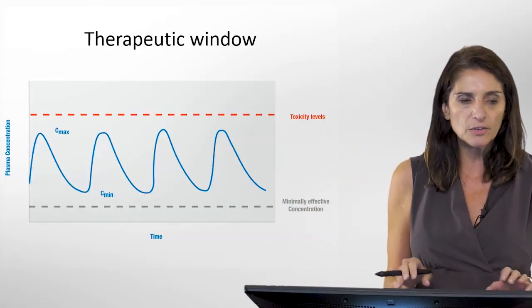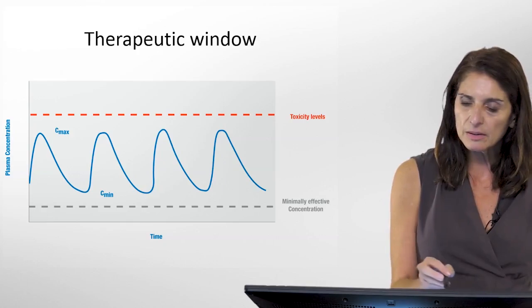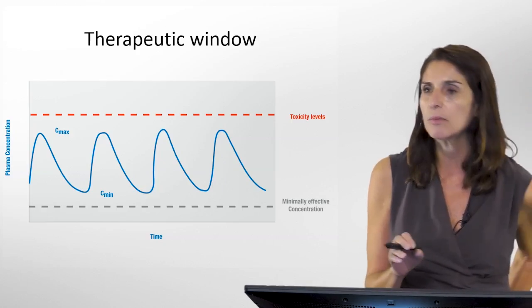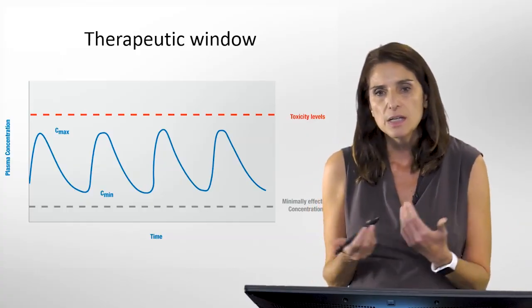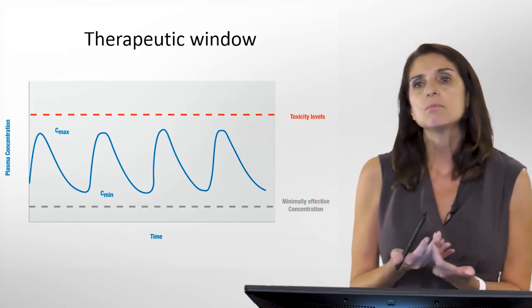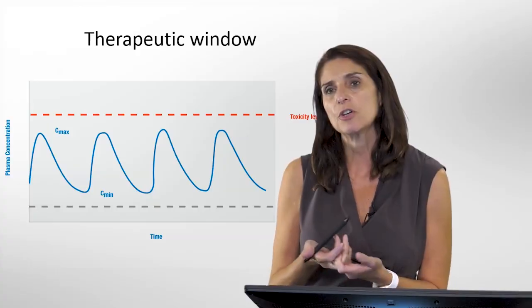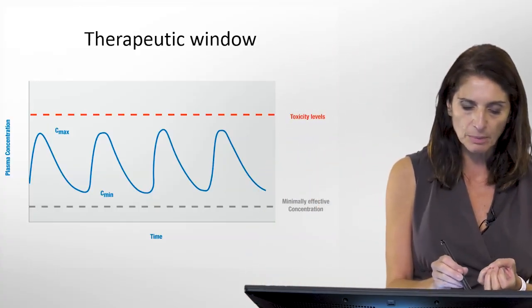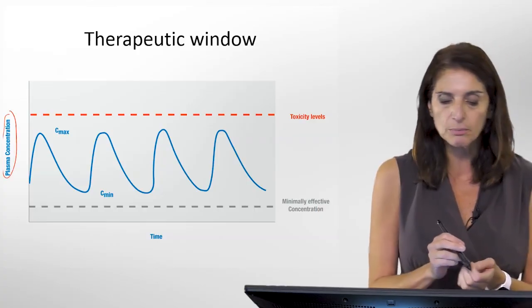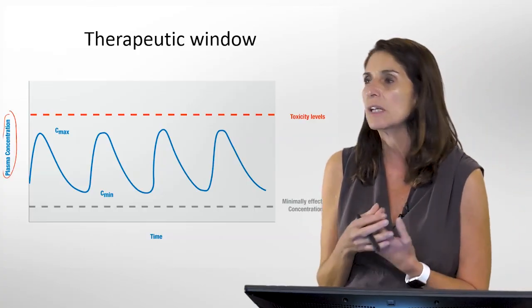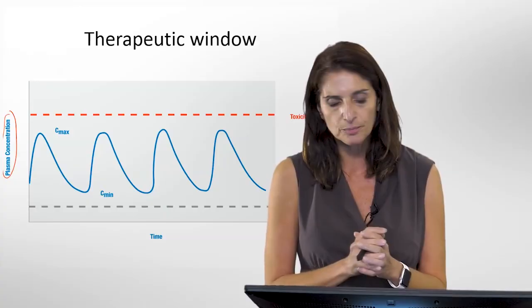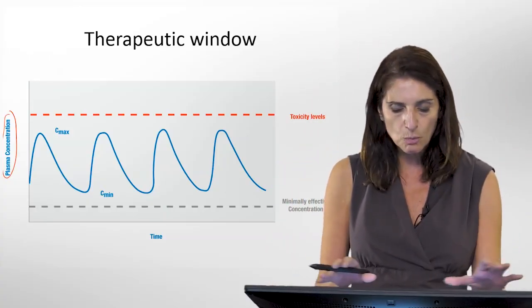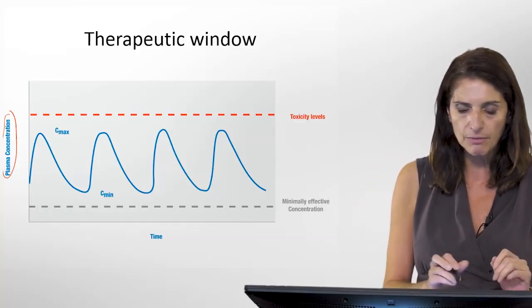All these factors come together to influence what we call the therapeutic window. In designing a drug, we want to maximize the concentration of the drug that is effective in the plasma. In other words, we want to make sure that the plasma concentration is in the range that is responsible for activity.